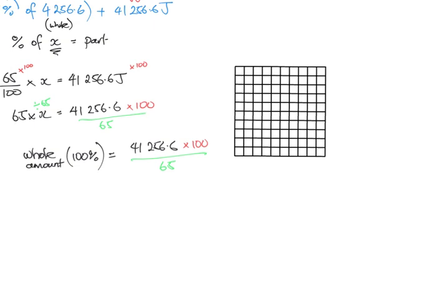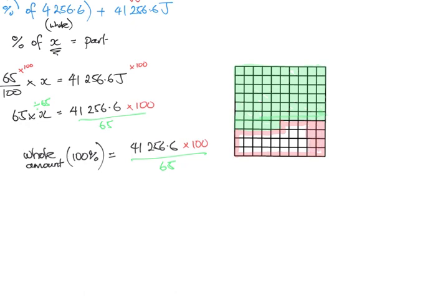The first thing that I'm going to do is shade in 65% of this 100 grid, and then I'm going to define it. This is my 65%. We can shade in 35 if we want to. This is going to be my 35%.